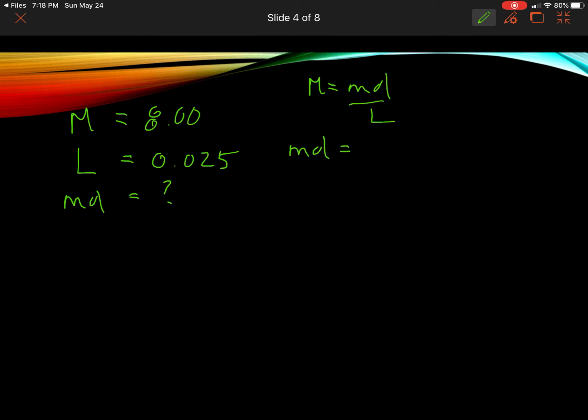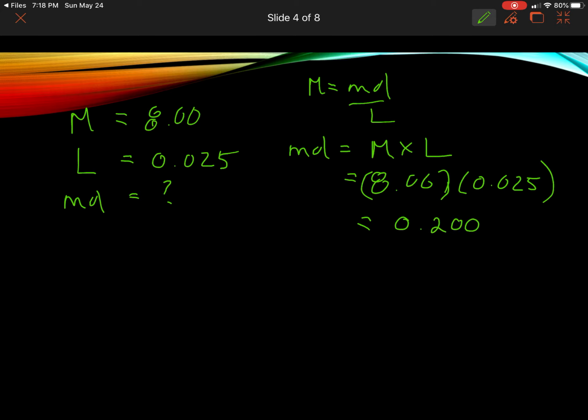Your formula: molarity equals moles per liter. So if I'm solving for moles, that's molarity times liters. So 8 multiplied by 0.025 is going to give me 0.200 moles. So I know that I've got 0.200 moles of solute.